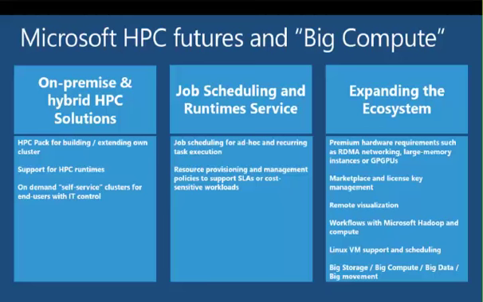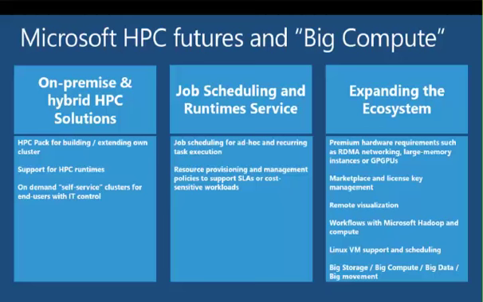One is on-premise, where you have the hybrid HPC solution, which essentially allows you to run workloads that are sitting on-premise as well as work that is running in the cloud. Job scheduling and runtime services are essentially what you need to be able to run your job.